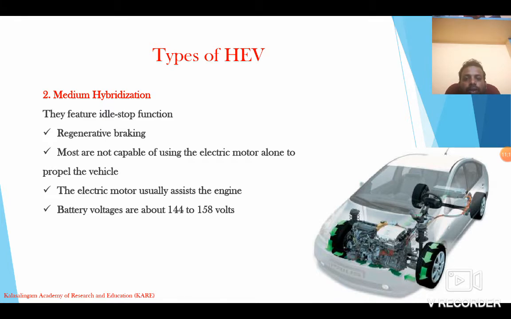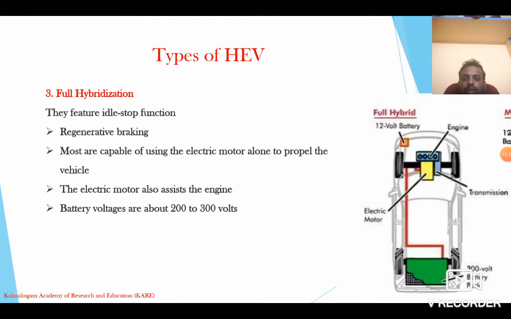Next one is full hybridization. Full hybridization is nothing but we have separate circuits for the electrical motor and separate circuits for the internal combustion engine. We can drive the vehicle with the help of the electrical drive under different conditions.